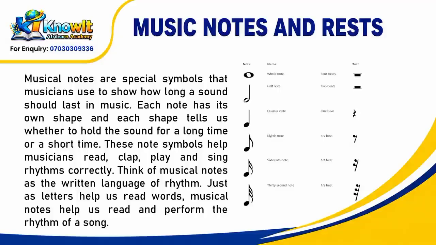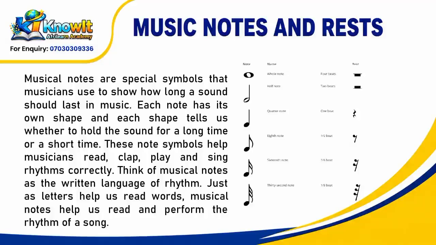These note symbols also help musicians to read, to clap, and to play or sing rhythms correctly. Think of musical notes as the written language of reading. Remember, we say notes are what are put together to form the pattern. Just as letters help us to read words, musical notes help us to read and perform the rhythm of a song.